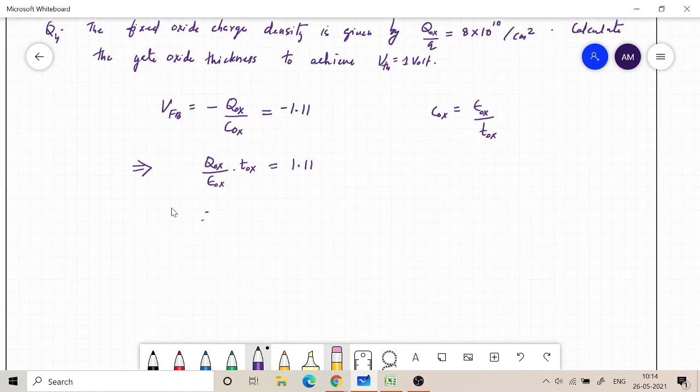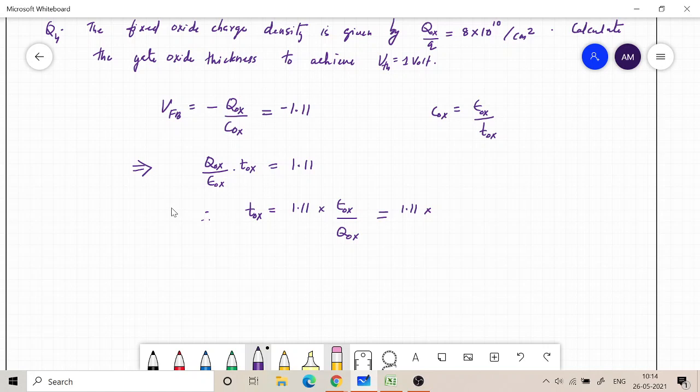Or in other words, therefore TOX is equal to 1.11 into epsilon OX divided by QOX. So that is equal to 1.11 into, what is epsilon OX?